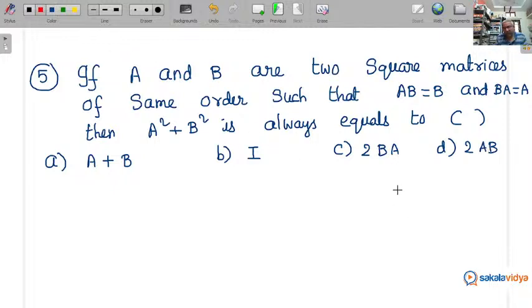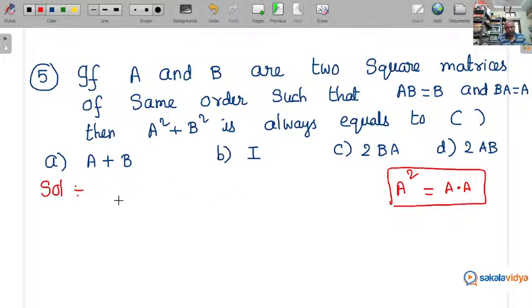So, my dear students, remember what do you mean by A square? A square means A into A. Right, you remember this concept. Okay, so the solution: we need to find A square plus B square.